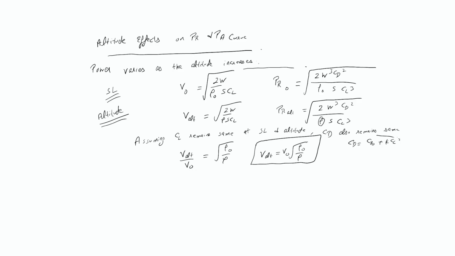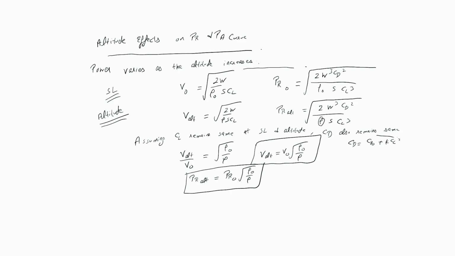If you know the density, then you can find approximately the velocity required at that altitude if your CL is the same. Similarly, power required at that altitude equals power required at sea level into square root of rho naught upon rho, to the power of 1 by 2 cubed over.